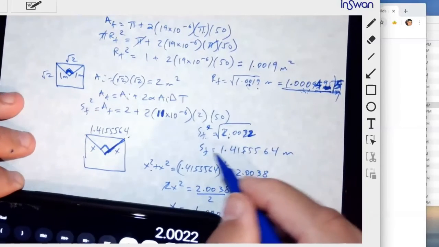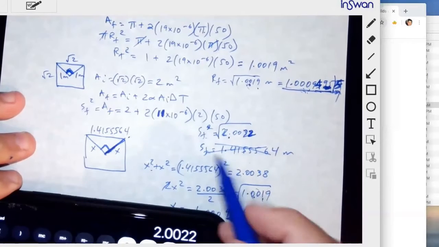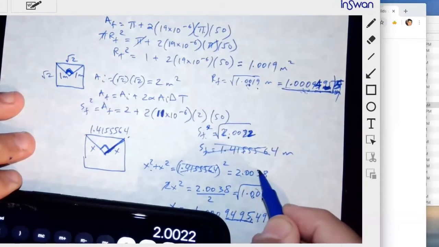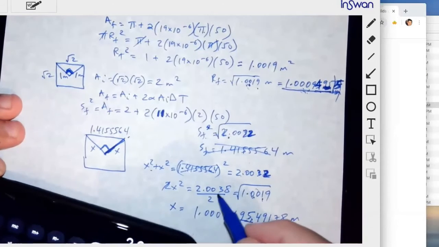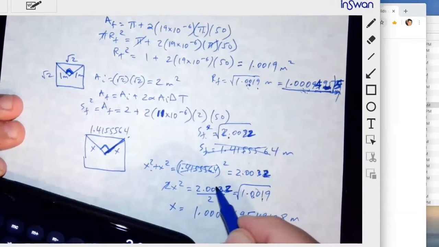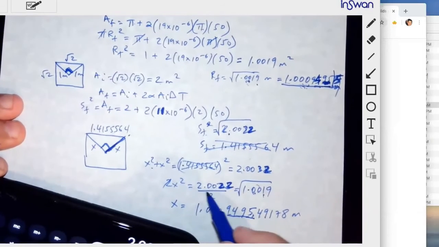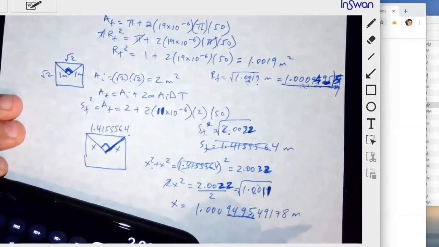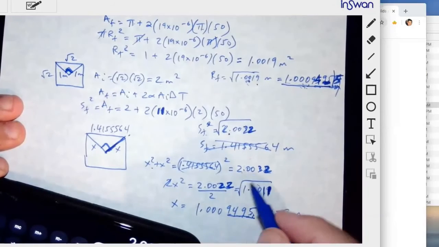Okay, so then I don't even need to really find the side. I can just say 2.022 divided by 2, and that'll give me 1.011, right? Then you square root that.